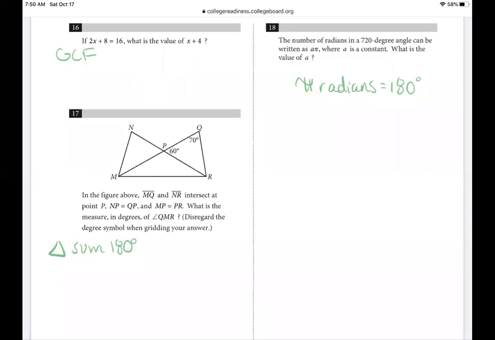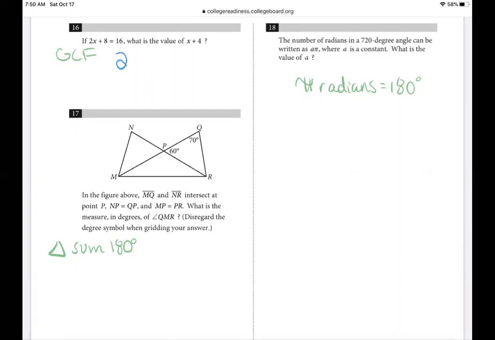So for 16, if 2x plus 8 equals 16, what is the value of x plus 4? If you just look at that from the beginning and think, okay, the left side, if I divide everything by 2, then I would have x plus 4, the same as factoring out a 2.